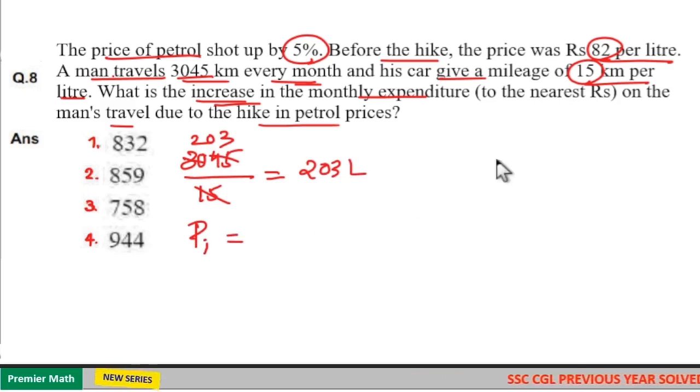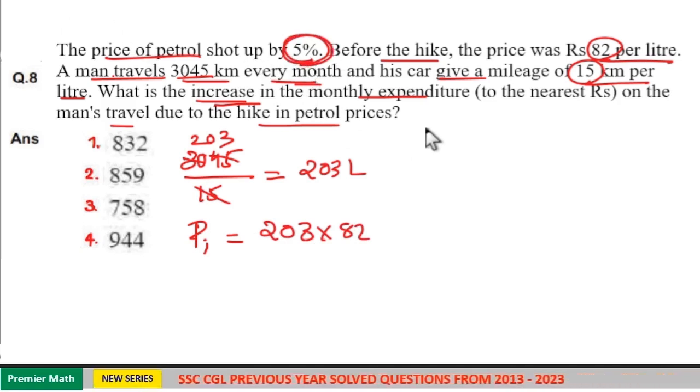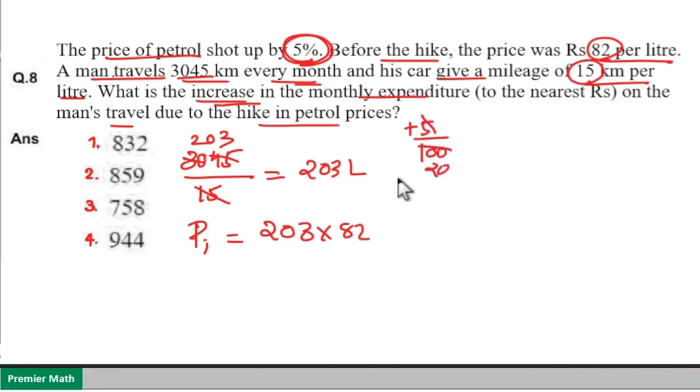Initial price of petrol is 82 per litre. So he needs to pay 203 into 82 rupees initially. Now the price increased by 5%. So 5% increment means 5 by 100, which is 1 by 20, since 5 goes 20 times in 100. So 1 part is the increment we have to find. Here 20 parts is the initial price.